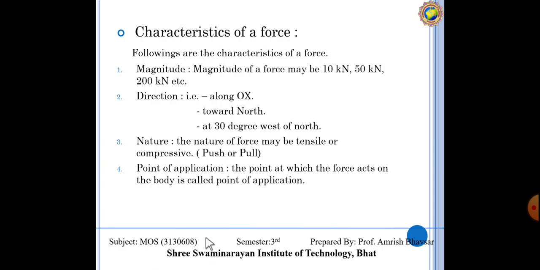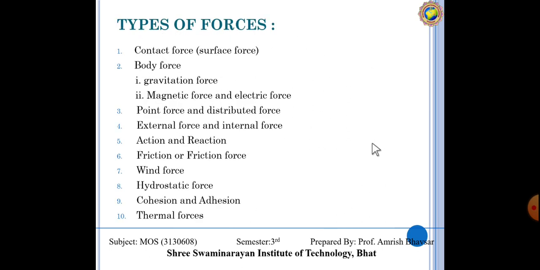And number 4, that is point of application. On which point it is acting; a point at which the force acts on a body is called point of application. So this fourth thing is the characteristic of force. From that we can understand this is force.